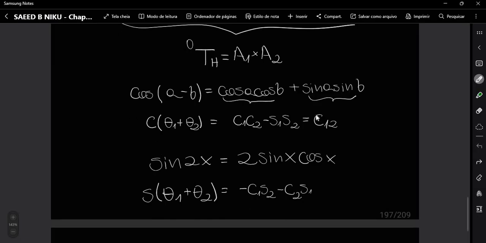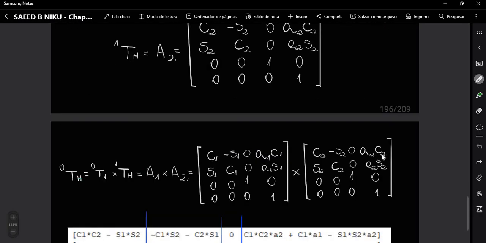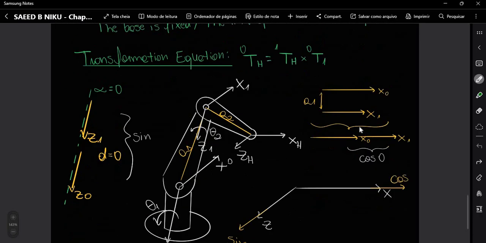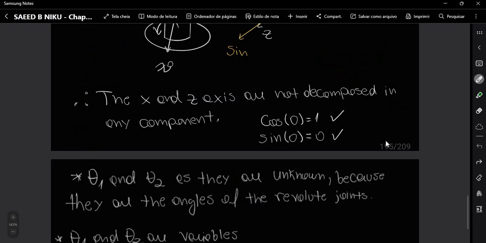We have a product of two cosine components and a product of two sine components. So if we substitute into this property, we can see the similarity. There are two angles, θ1 right here and θ2.